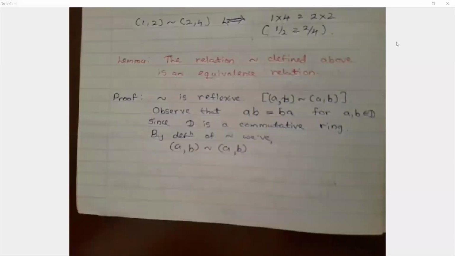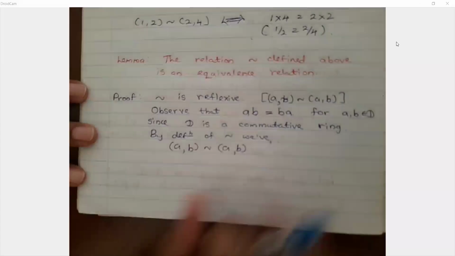Now the other part: tilde is symmetric. What does it mean? What do we have to show in that case?